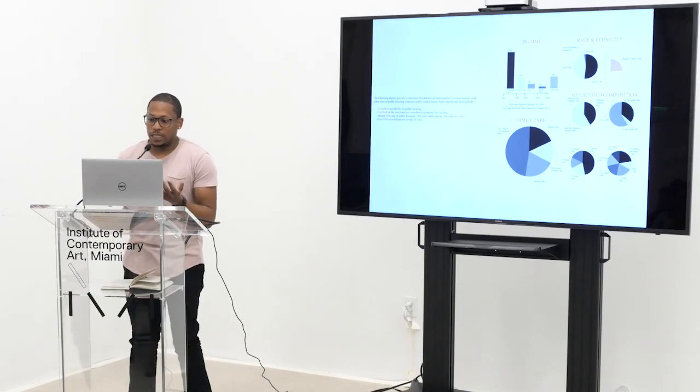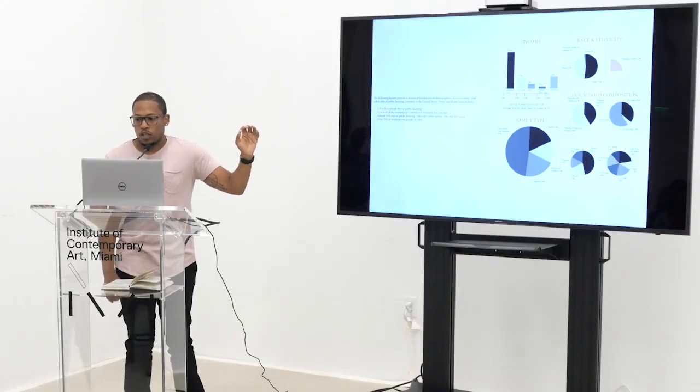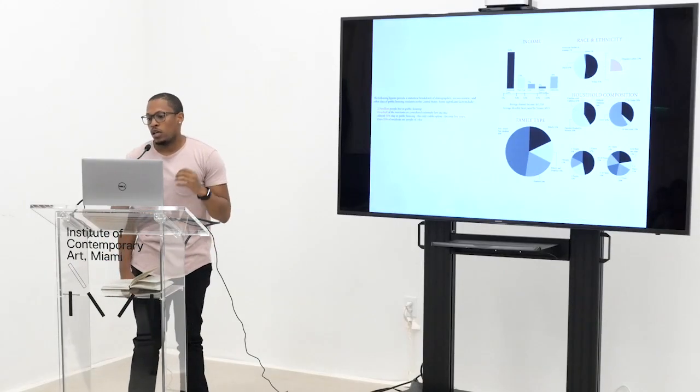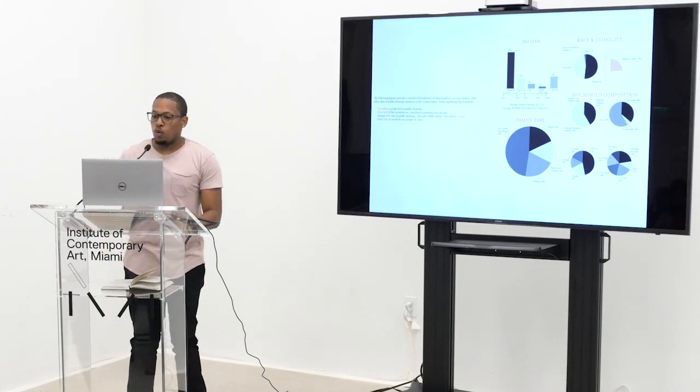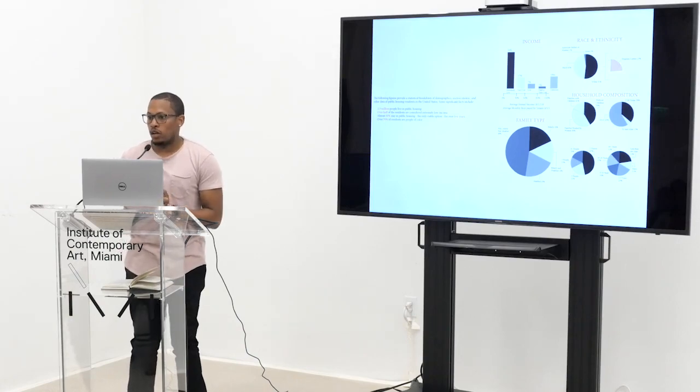You start to see the family types, household incomes. Over 2.3 million people lived in public housing. All this information was taken from the year 2012, okay? So it's still recent, 6 years ago. You start to see household income, extremely low poverty, average annual income of under $14,000.